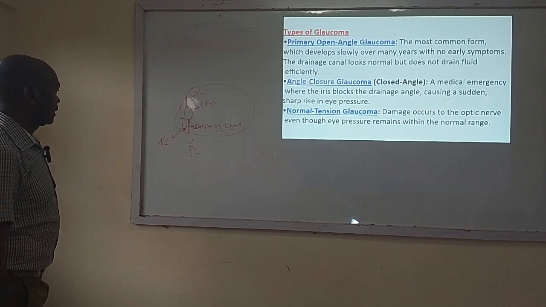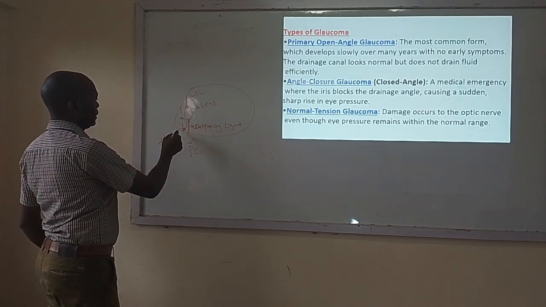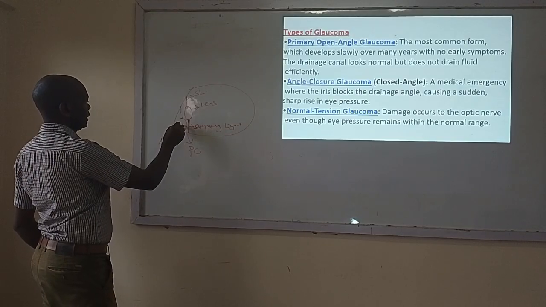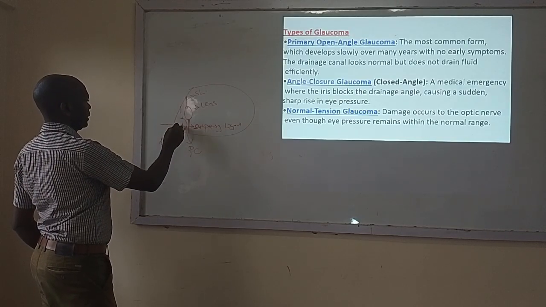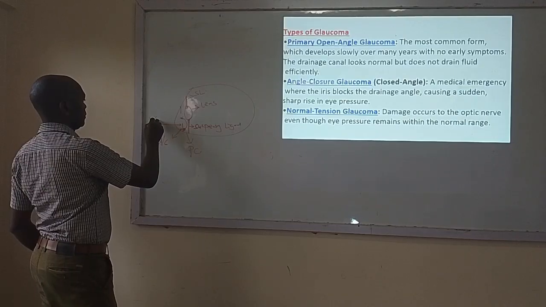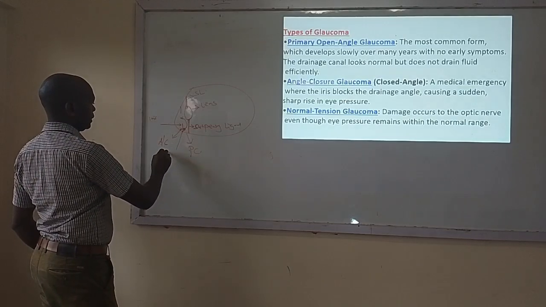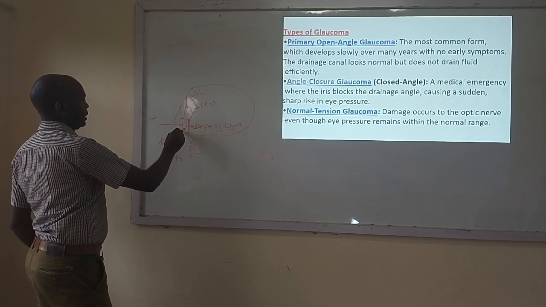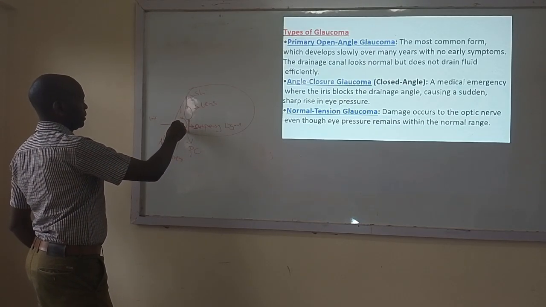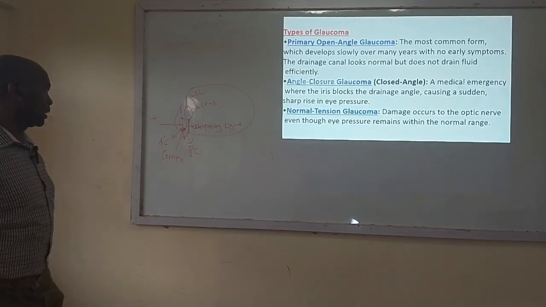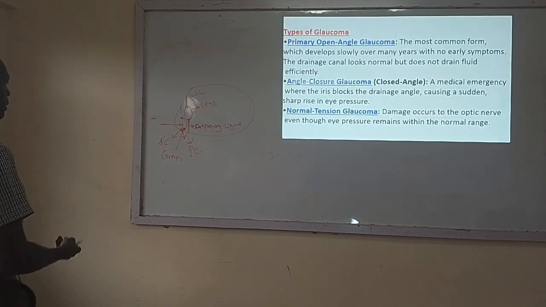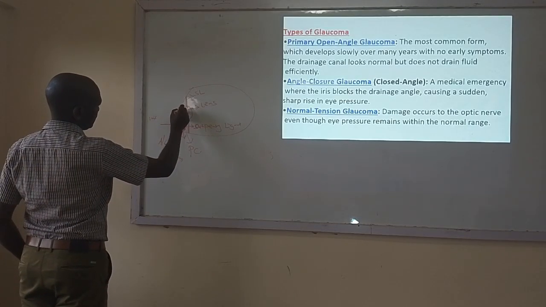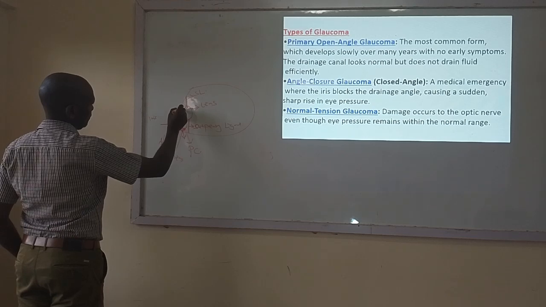So when we talk of the angle, it is this point here. The angle between the iris, this is our iris, and this one here is our cornea. So our trabecular meshwork is around there. That is where the aqueous humor is supposed to flow out. So when you talk of closed angle, we're just talking about the angle formed between the iris and the cornea, this angle here.